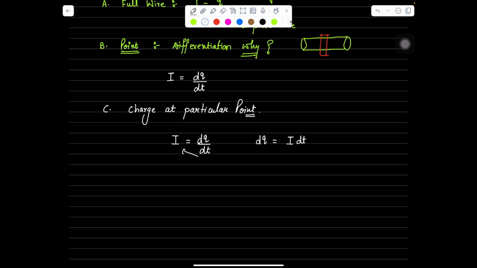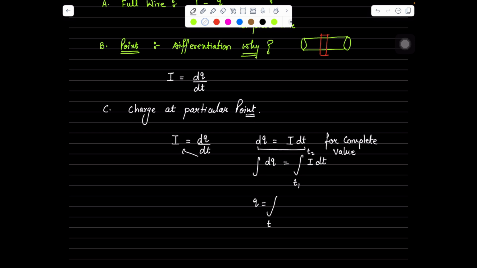This is a small charge, but I need to find the complete value of the charge, so can we integrate both sides? Integrate dq equals integrate I dt with the limits, let's say time 1 and time 2. So what should be the final formula? Q = integration from time 1 to time 2 of I dt. Clear? So these are the basics.